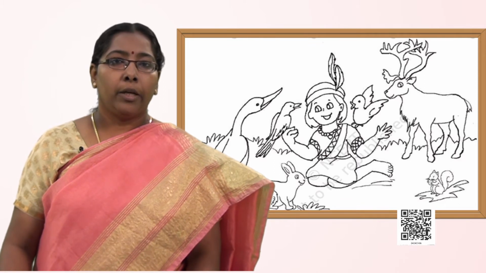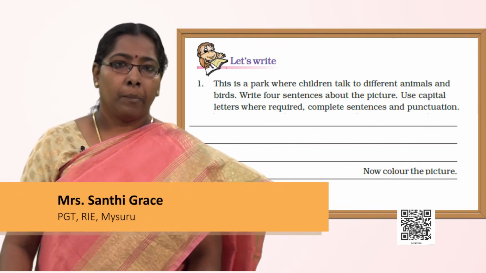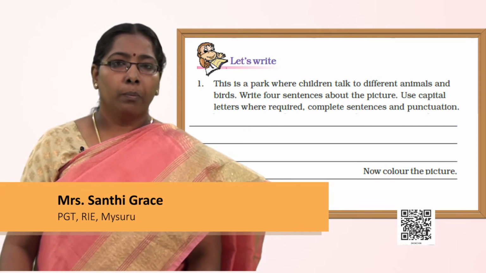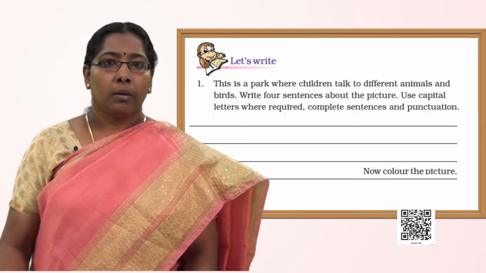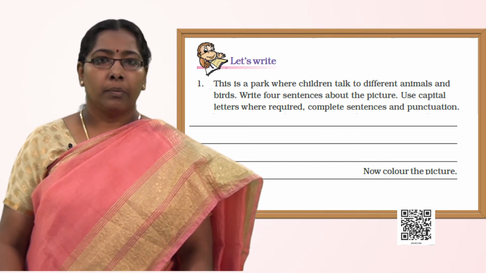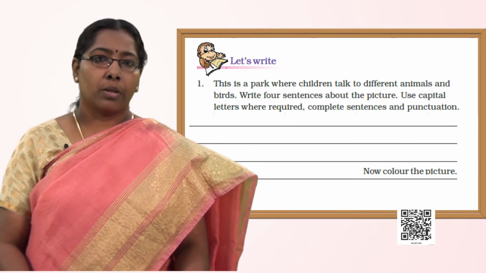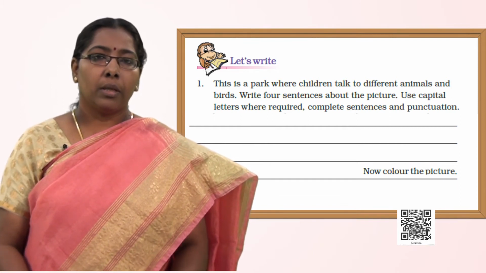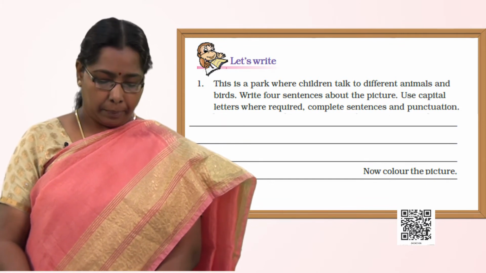You have to write 4 sentences about the picture. Use the clues from the poem and write 4 sentences one by one. Then you can color the pictures. This is a home task which you can do later.